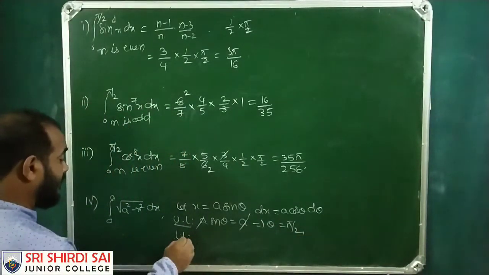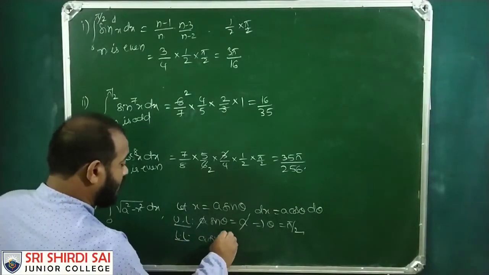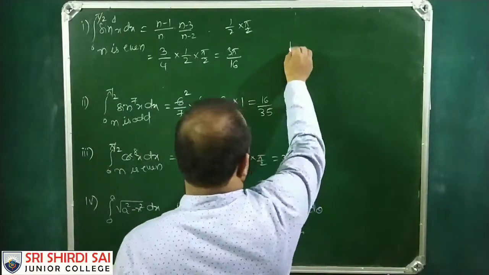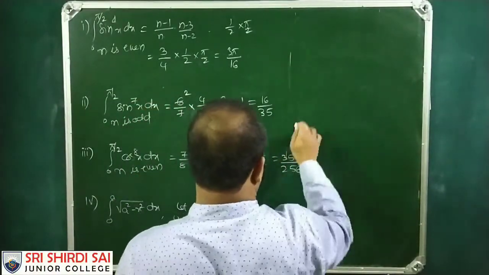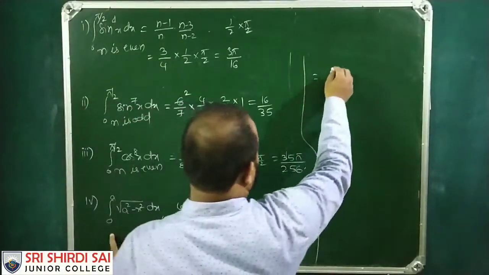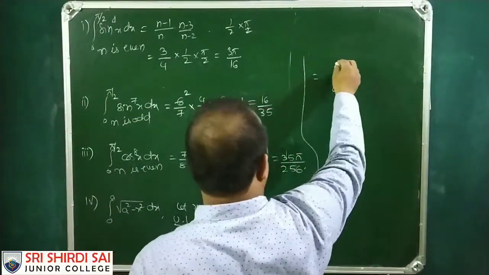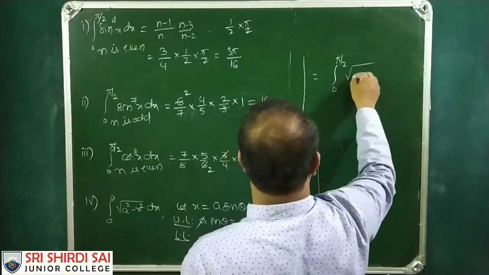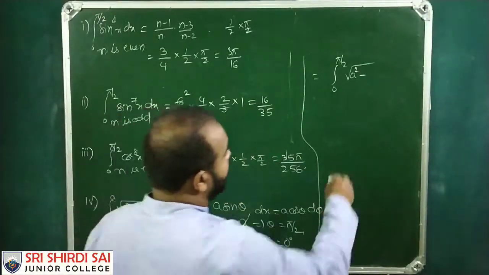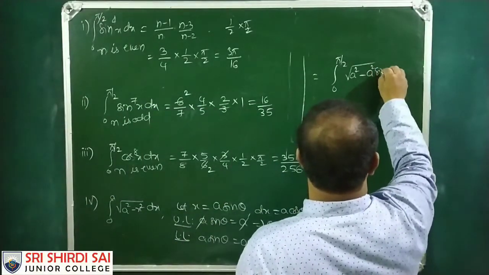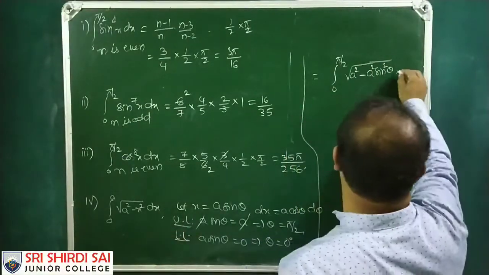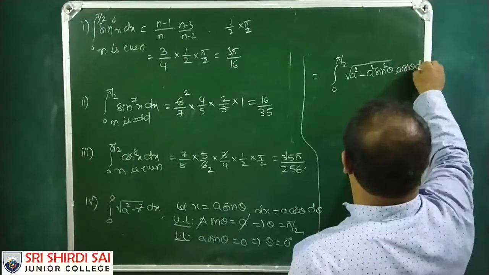Next lower limit: a sin theta equals 0, so sin theta equals 0. So 0 to a has been converted into 0 to pi by 2, square root of a square minus x square is a square sin square theta, into dx value is a cos theta d theta.